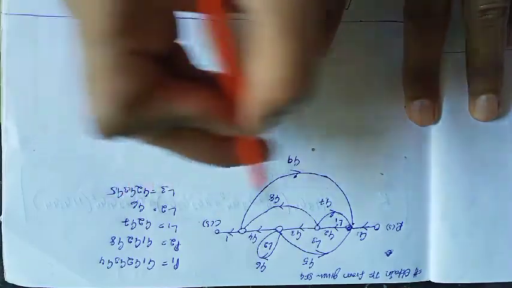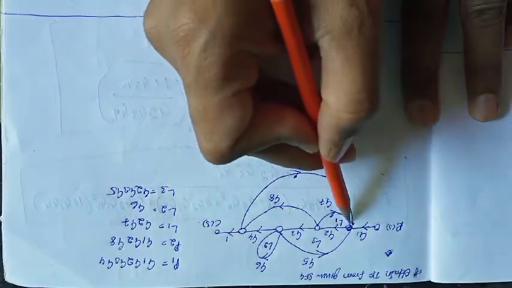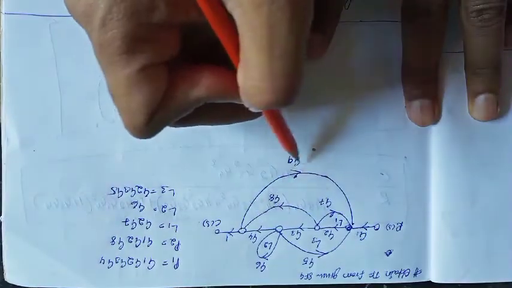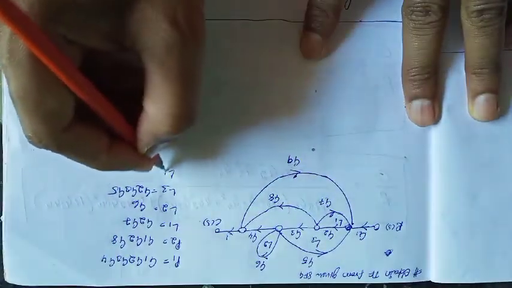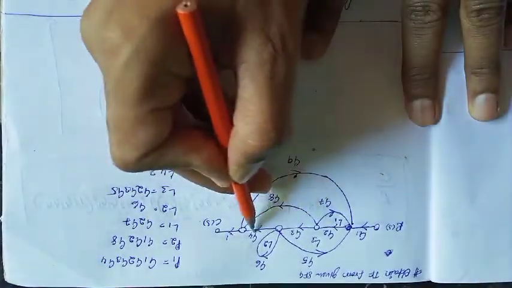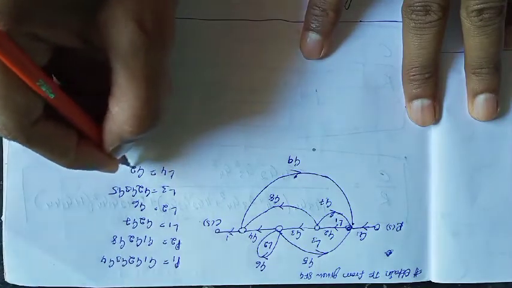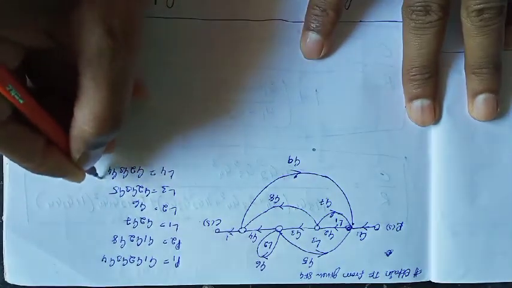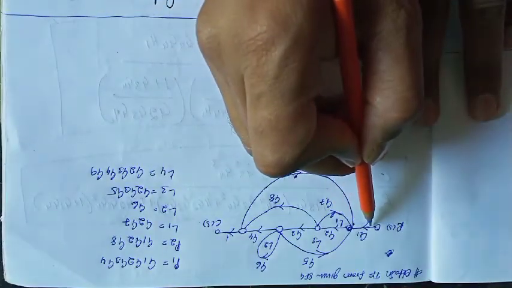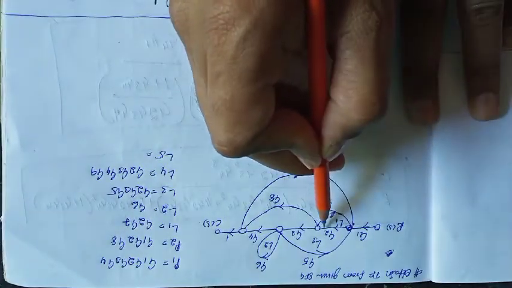The next loop is this one. It is G2, G3, G4 and G9. That is loop number 4, G2, G3, G4 and G9. One more loop is here, that is L5, like this.